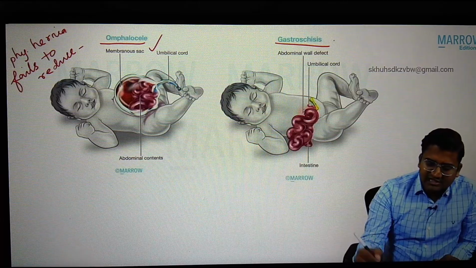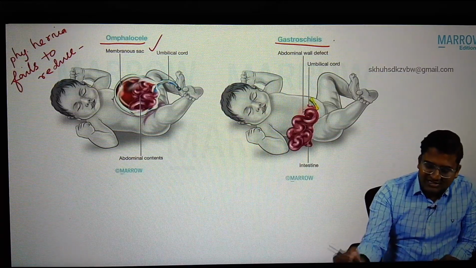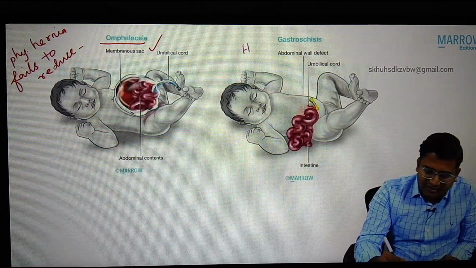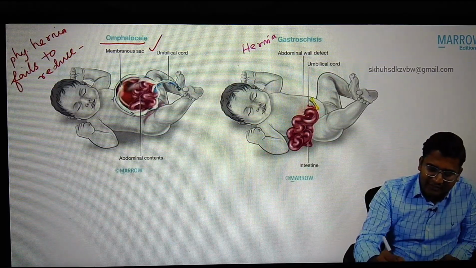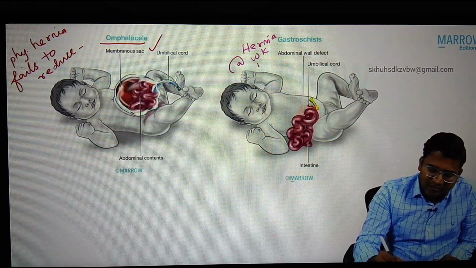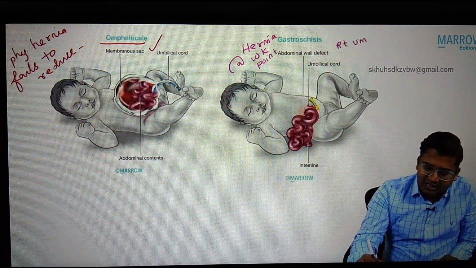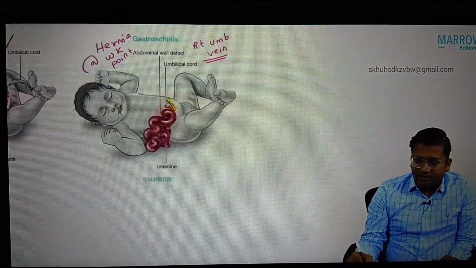Now next, gastroschisis. Gastroschisis is nothing but a hernia at a weak point in the abdomen. Now what is the weak point? We know that the right umbilical vein will disappear. We have only the left umbilical vein.